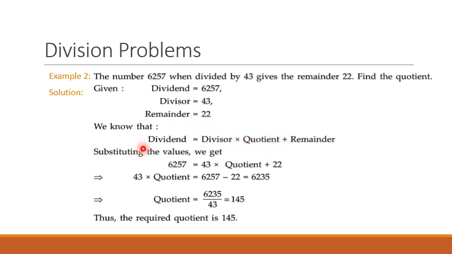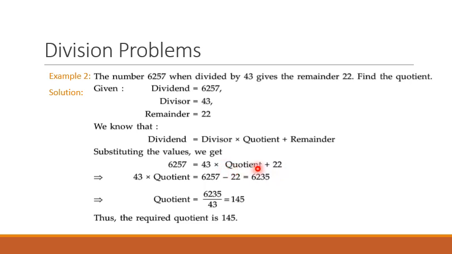Now let's write the division algorithm which we have seen. Dividend is equal to divisor multiplied by quotient plus remainder. Now we put the values which are given to us. Dividend is 6257. So in place of dividend I write 6257. Divisor is 43. Quotient is not known to me, so I write quotient as it is, and remainder is 22.